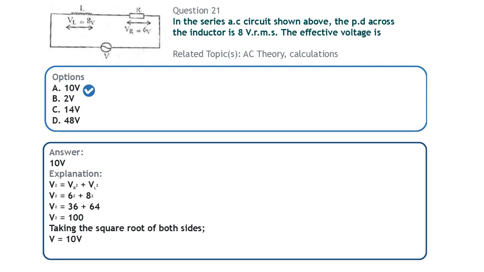So V squared will be equal to the voltage across the resistor, which is 6 volts, we have 6 squared, plus the voltage across the inductor, 8 squared.